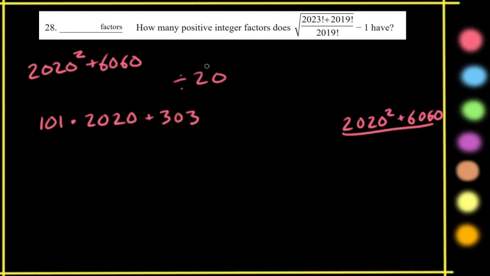Okay, so now what can we divide this by? Well, we can divide this by 101, right? So we're going to divide by 101. That'll give us 2020 plus 3. So that's also known as 2023.